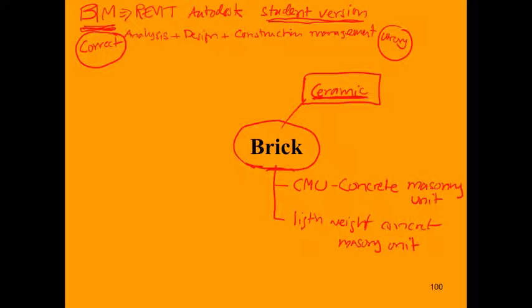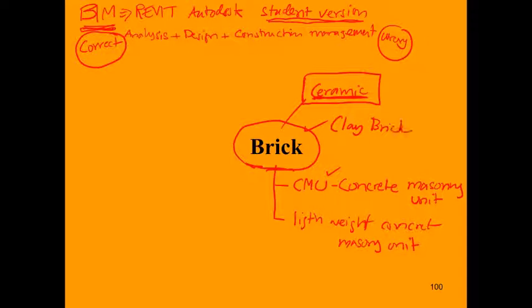Usually the lightweight masonry unit is very light and easy to build. That is its advantage. But the strength of this concrete may be lower than the CMU and lower than the clay brick. This is what we are going to learn about. But this lecture mainly talks about the clay brick.